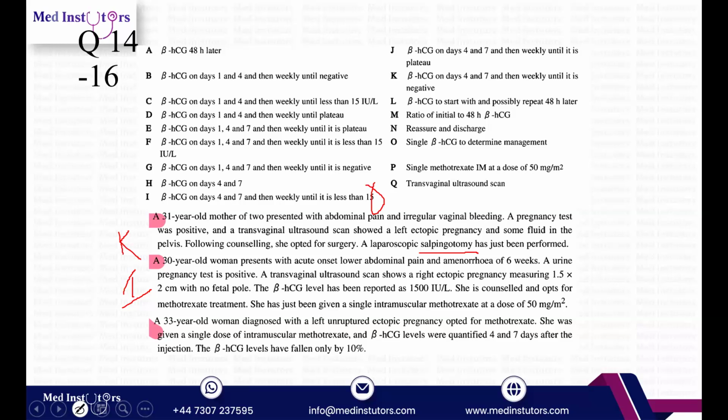Dr. Manikam, we do it weekly till we get a negative answer. Are you all answering the next question? So, next question.